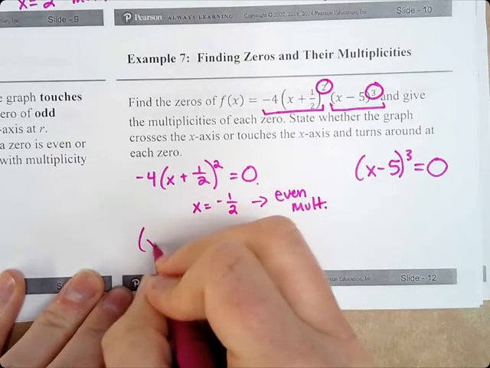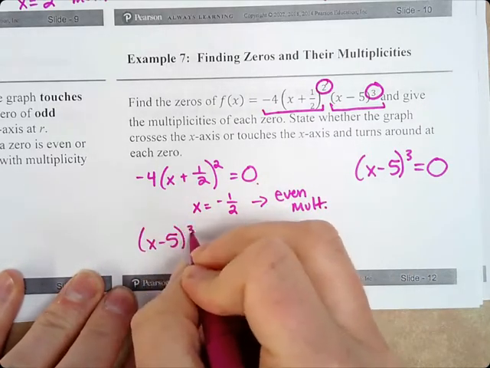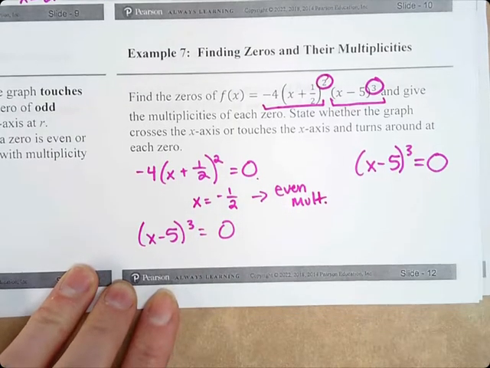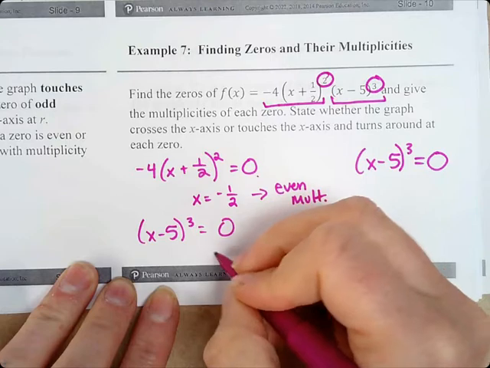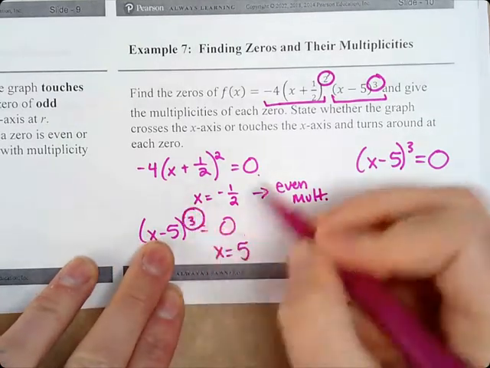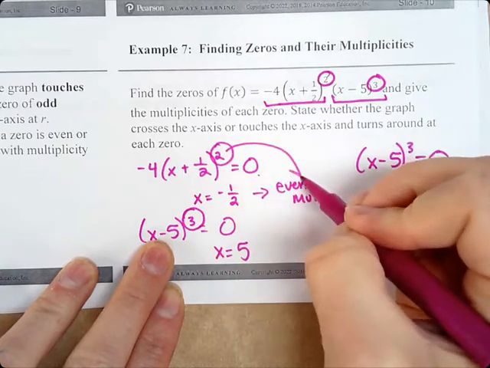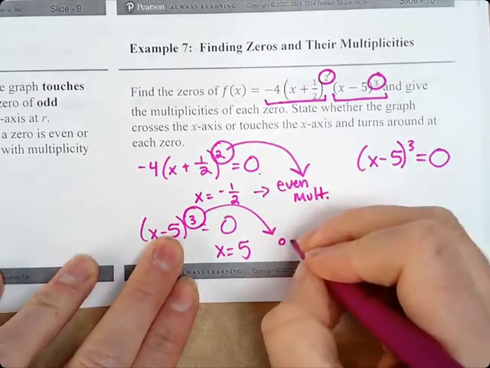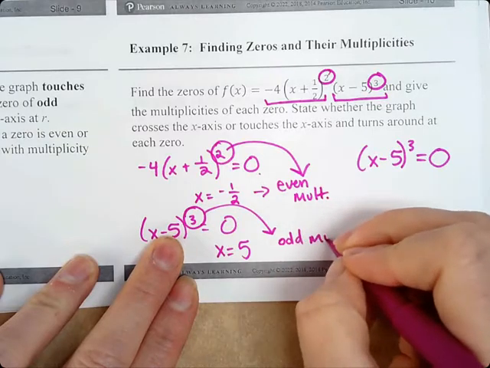Then the next one would be x minus 5 to the third power equals 0. So x equals 5. The exponent is what tells us what kind of multiplicity it is. So this is odd multiplicity.